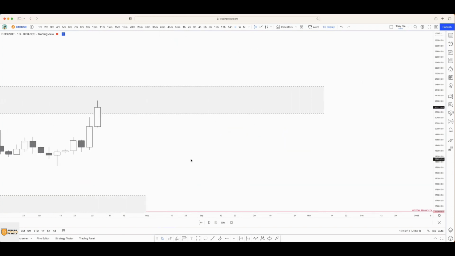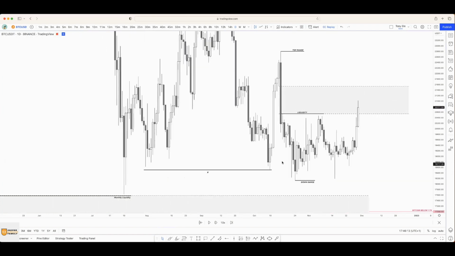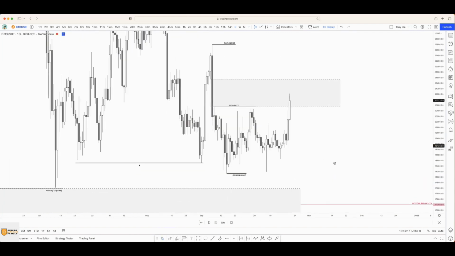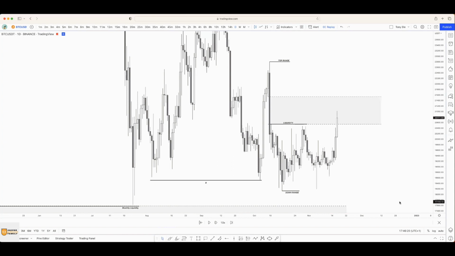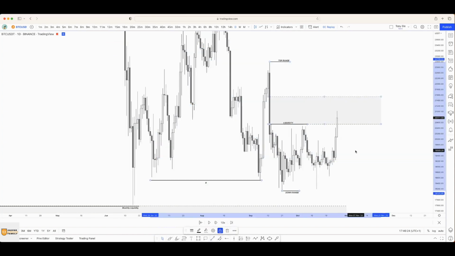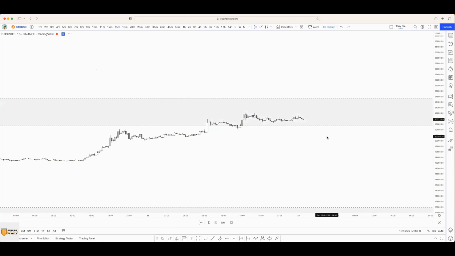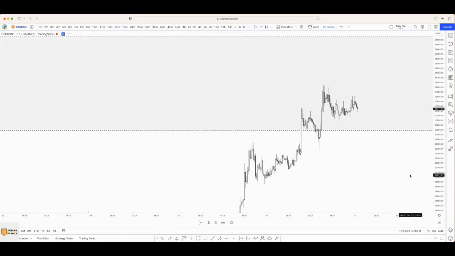So we're just going to lock all of this and then scale down to the lower time frame, 15 minutes now. So this is the 15 minutes.